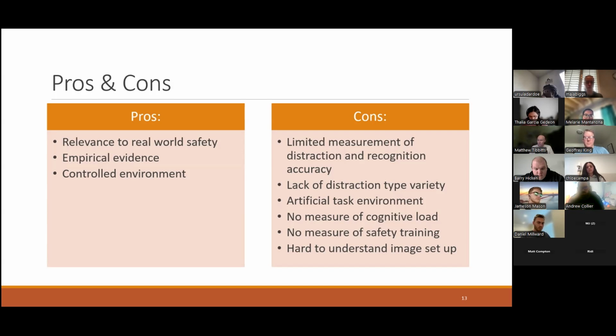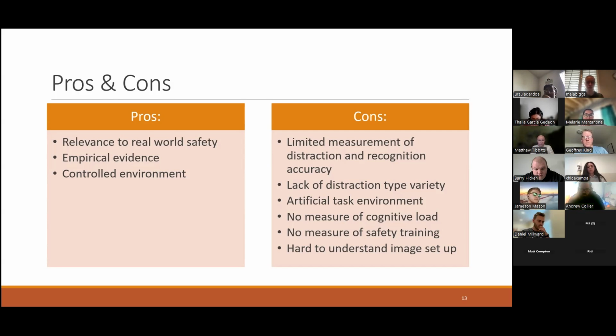And then there's only one type of distraction video, and I didn't feel like it's necessarily similar to how you might be distracted in the real world, since it is like an artificial task environment and you're not going to have a huge video right next to a still image.